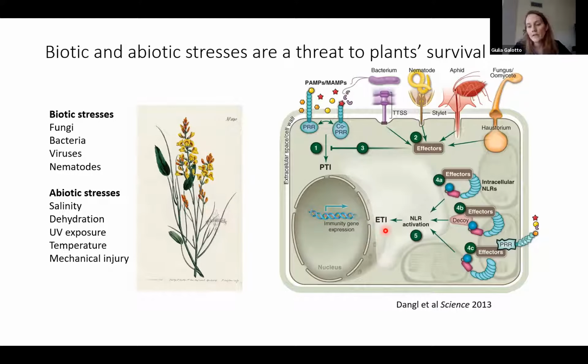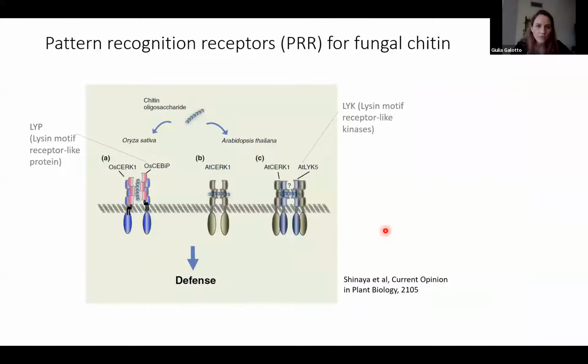ETI is more dramatic than PTI, and it can culminate in the hypersensitive response and eventually also in plant cell death. So for our talk today, we're going to focus on PTI and specifically on the immune response of Physcomitrella patens plants to fungal chitin. The first thing I'll do is present the pattern recognition receptors for fungal chitin in plants.